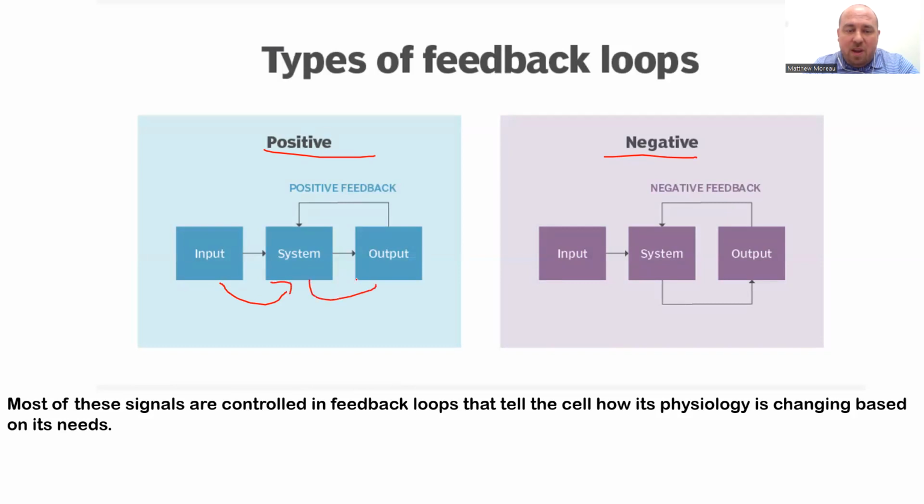The system generates an output. That output then feeds back to the system, which generates more output. So you're getting an increase in output in this case. In a negative feedback loop, the input goes into the system and generates an output, but then the output feeds back to the system and, like the name suggests, negatively or downshifts the system's ability to produce this particular output.